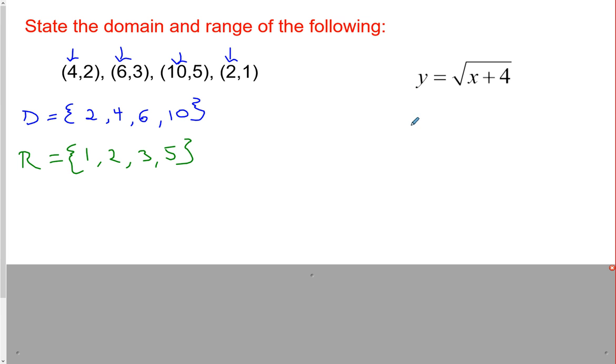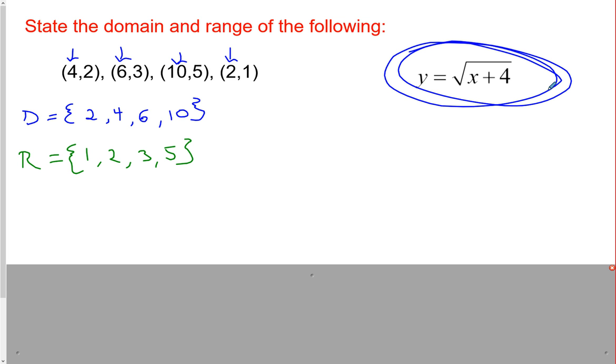Easy, nice. My domain and range for this is one of my parent functions that's been transformed a little bit. So I'd like you just to take a moment and picture in your head, while I take a delicious drink of tea, what would this transformation of this parent function make it look like?